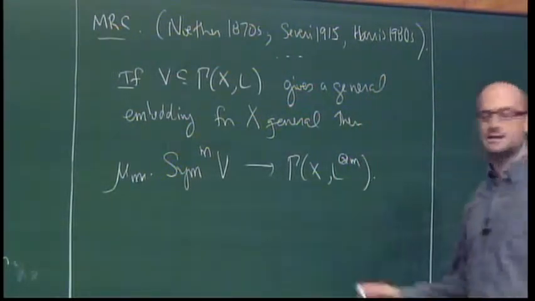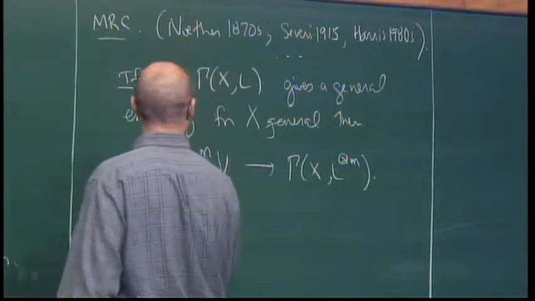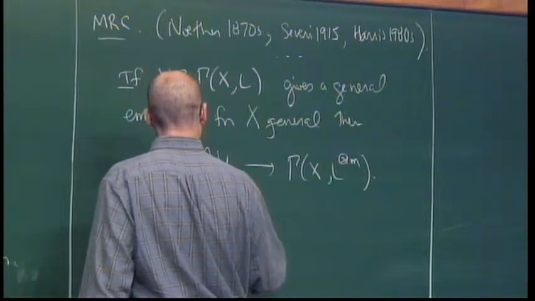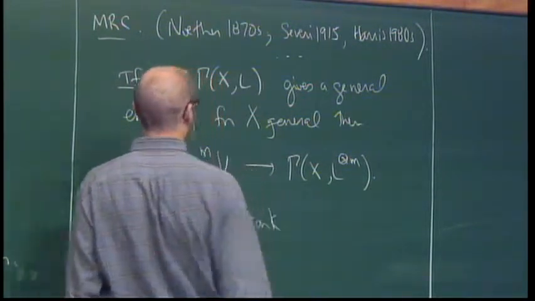And the conjecture is that this linear map has maximal rank, meaning that it's either injective or surjective.